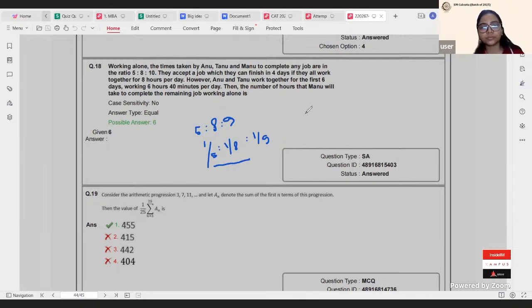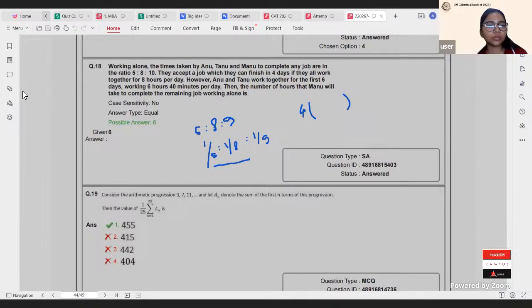So for the first 4 days, if we consider this to be a fraction, 1 by 5 is to 1 by 8 is to 1 by 10.